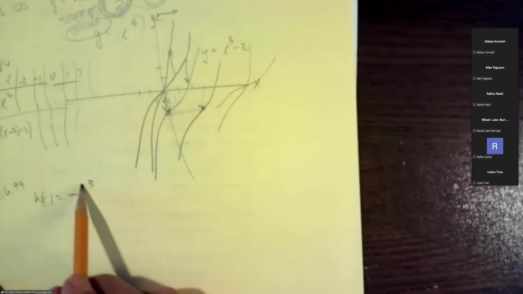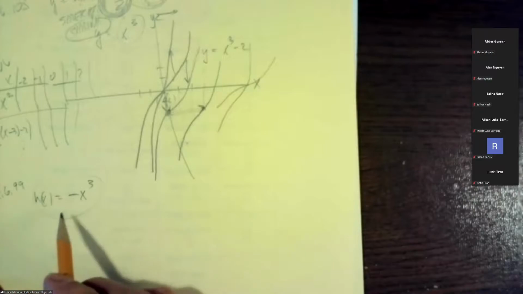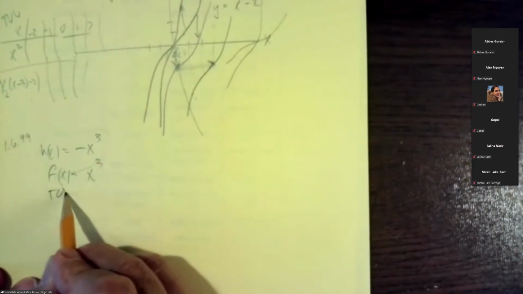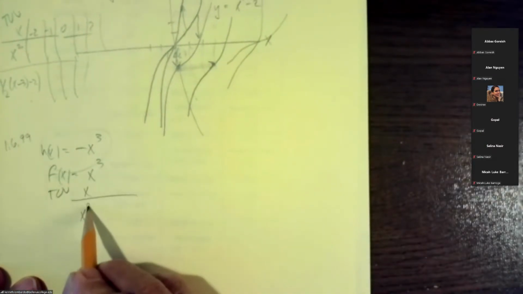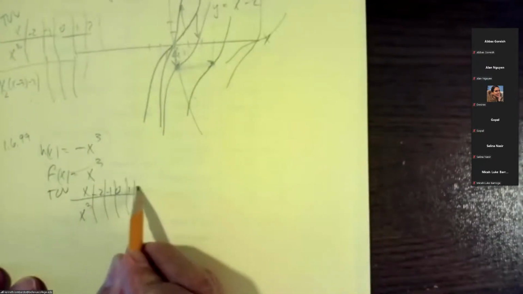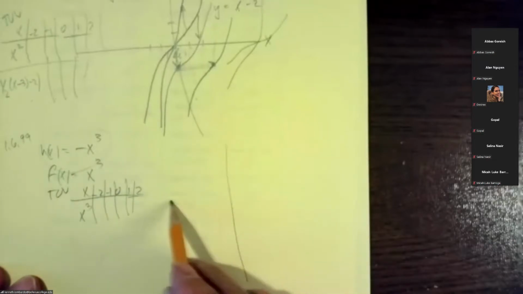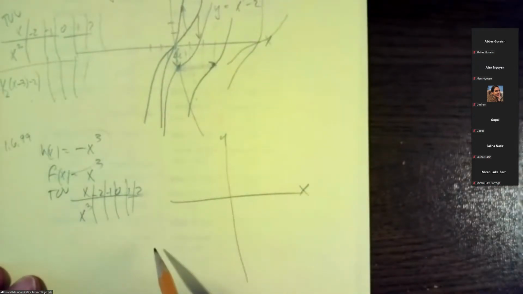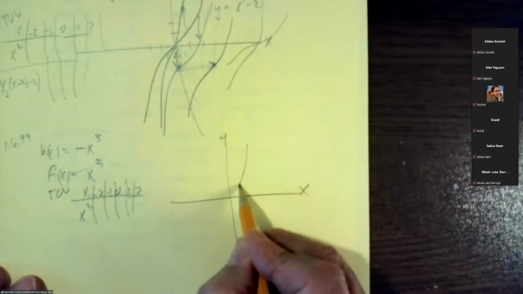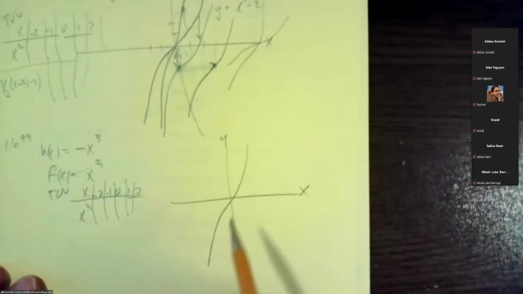Now, if we were to take a look at this one here and say, well, if we let f of x equals x cubed, and we wanted to plot that, well, we could create a table of values and say x and x cubed and plot from -2, -1, 0, 1, and 2, and so forth, couldn't we? We could do that. And an x cubed, as we talked about above, is going to look sort of like that.